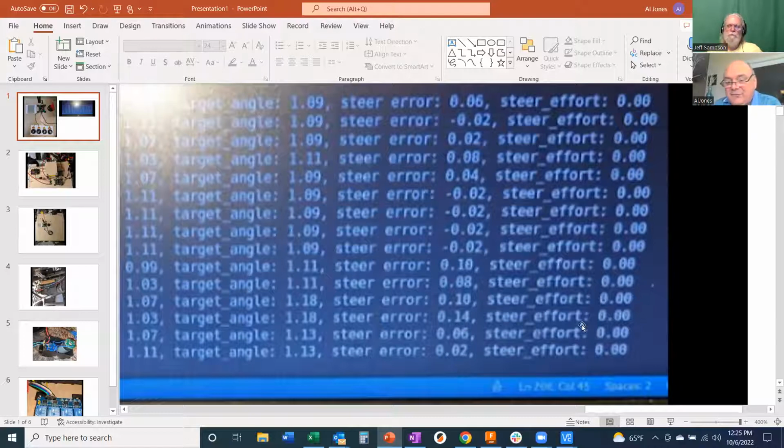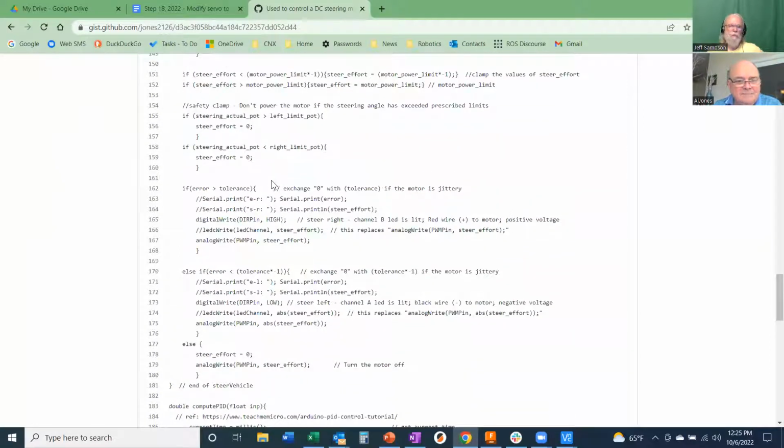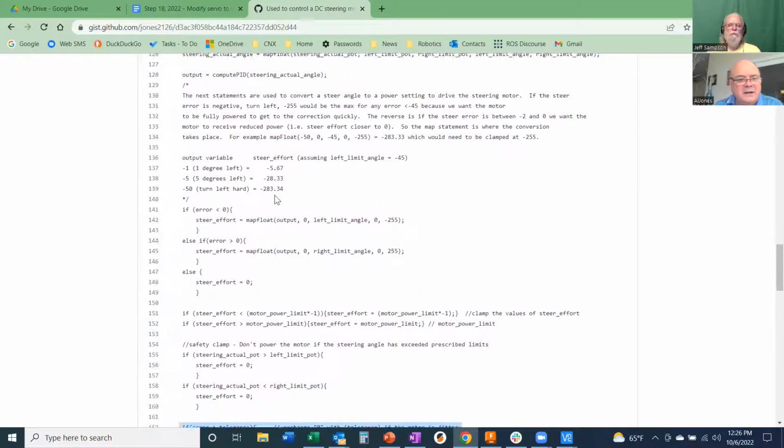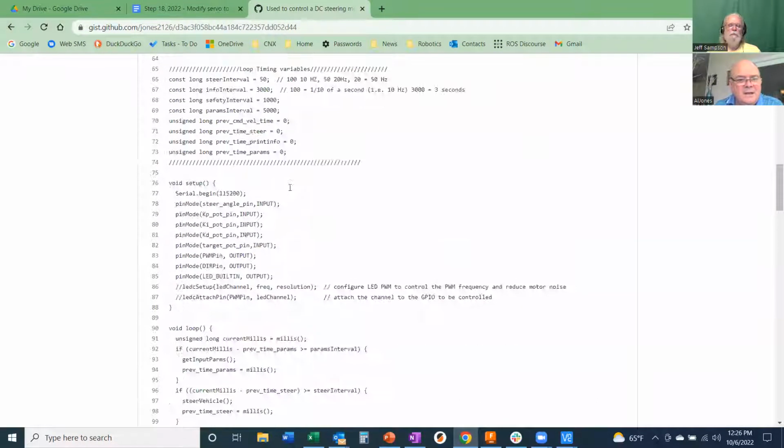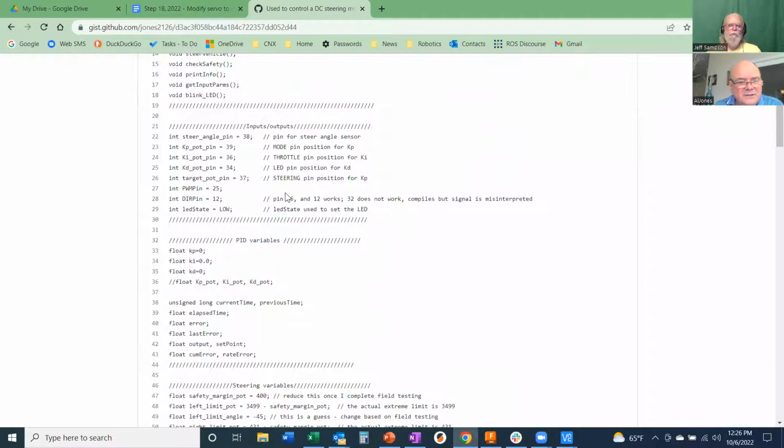And the reason that steer effort is 0 is because I did go back to having a tolerance, because when I had that at 0, the motor would just bang back and forth trying to get to that last little error. And I set the tolerance at, where's tolerance?